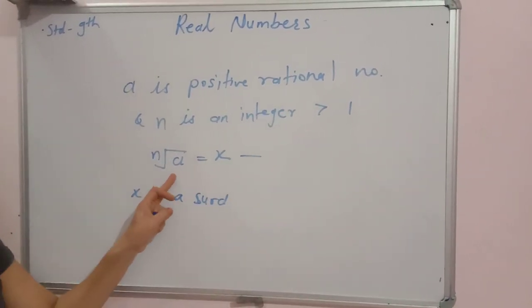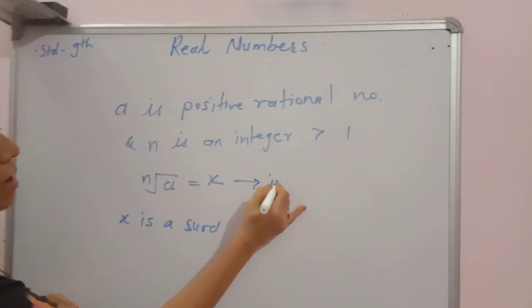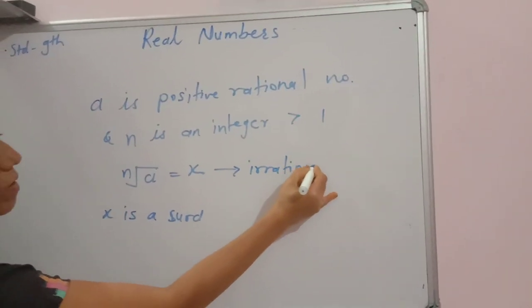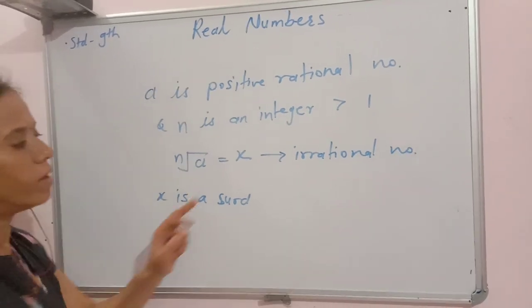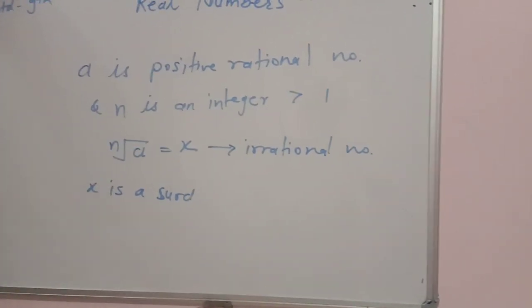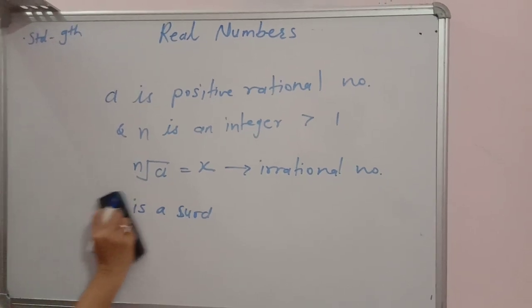When the nth root of a is an irrational number, at that time we say that this x is a surd. So how can we define a surd?